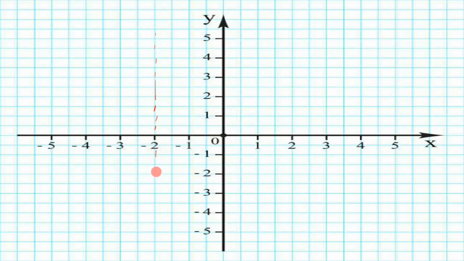So there you go, with your vertical asymptote crossing at -2, and then you have your horizontal asymptote passing at +1, like that, all the way like that. Then you want to indicate your intercepts.